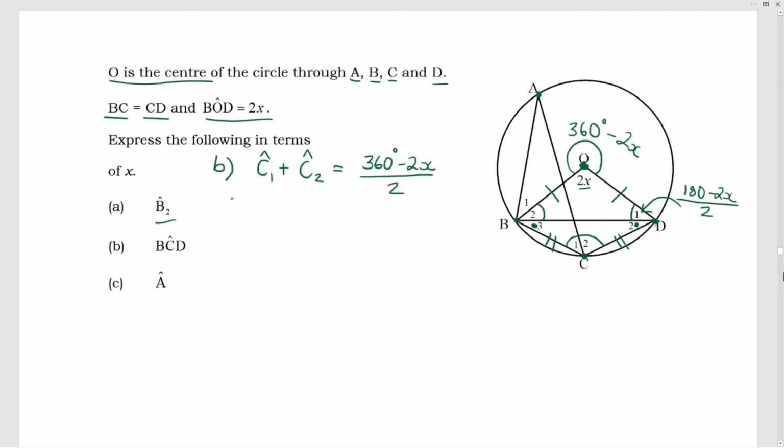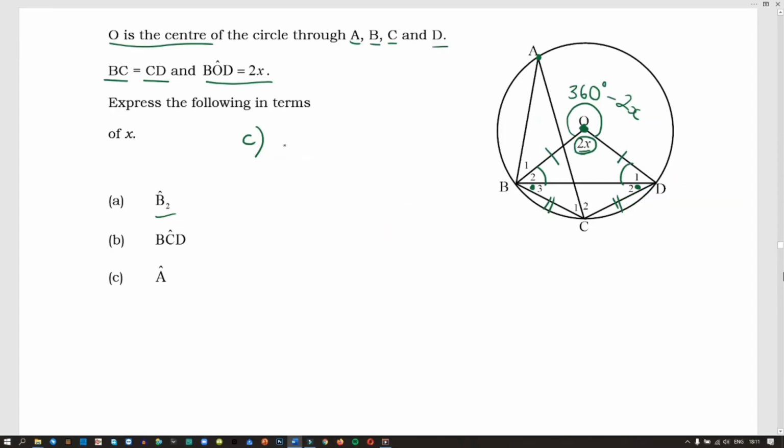And my reason there is angle at the center equals twice the angle at the circumference. And so that will give me, again simplifying, 180 degrees minus x.